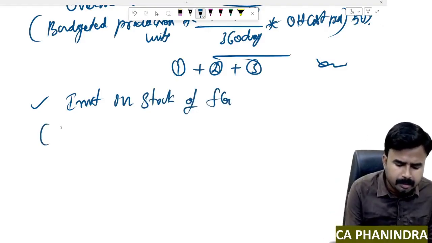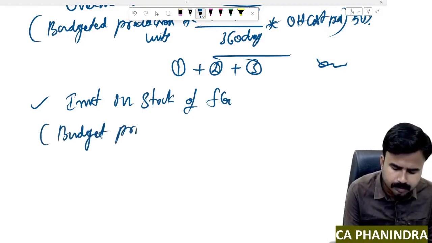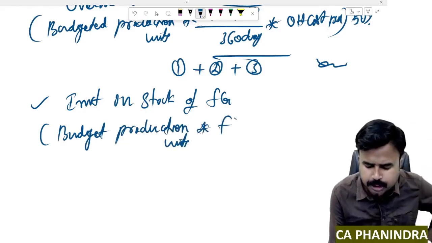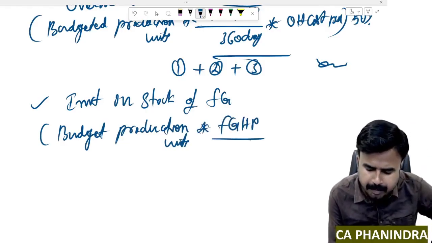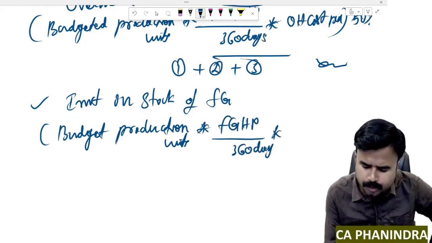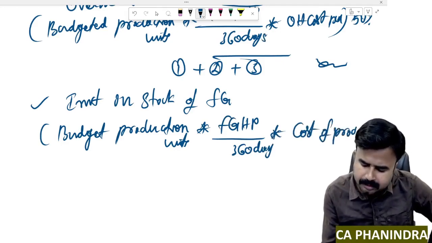The formula will be budgeted production units into finished goods holding period divided by 360 days into cost of production per unit.